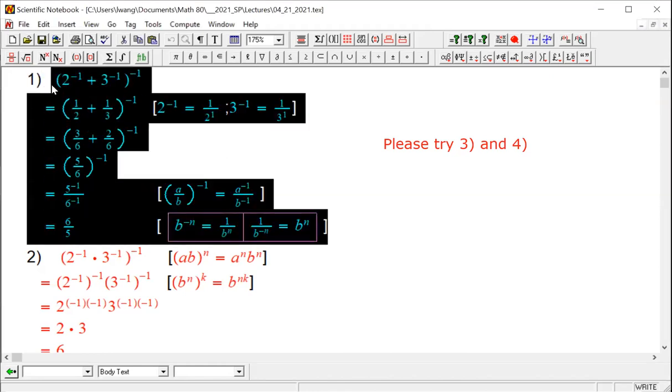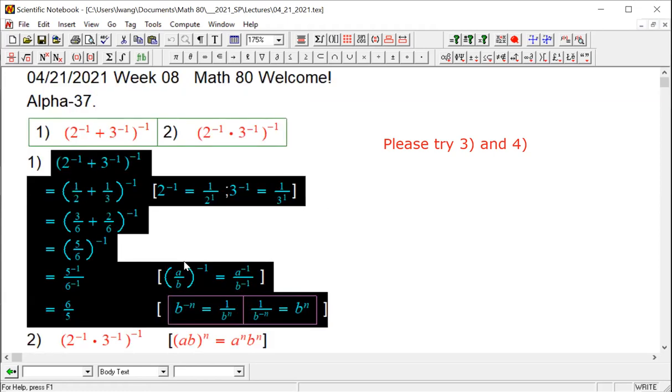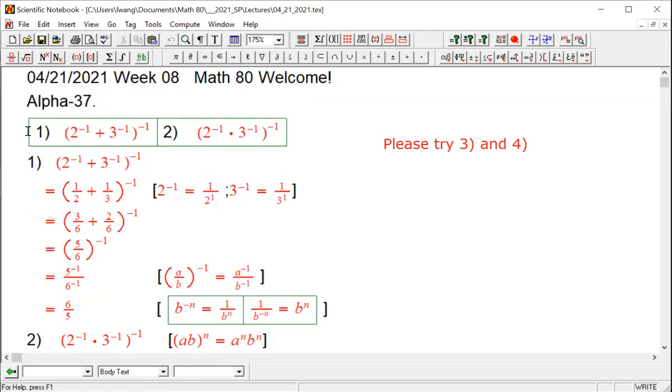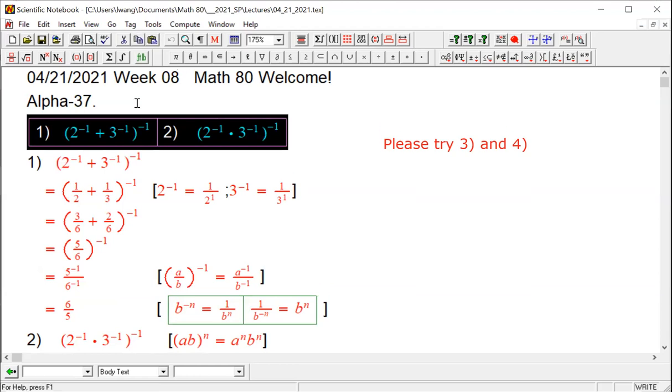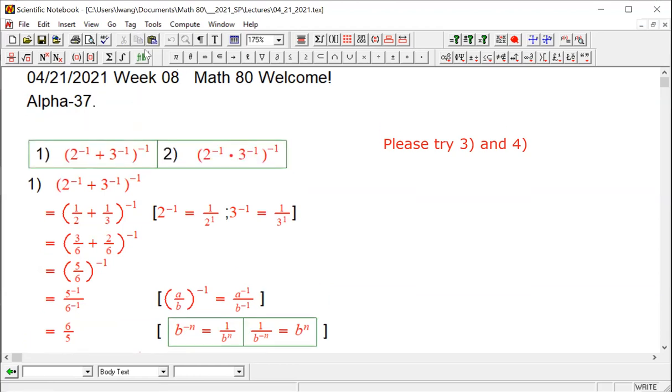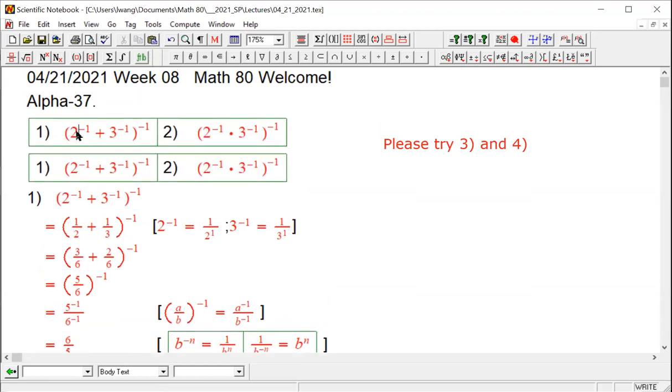So for number 3, if I change these questions to number 3 and number 4, this changed to 3, and that is changed to 5, and 3, 5, right? That was the question. So question number 3, question number 4.